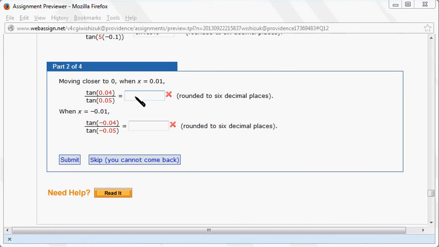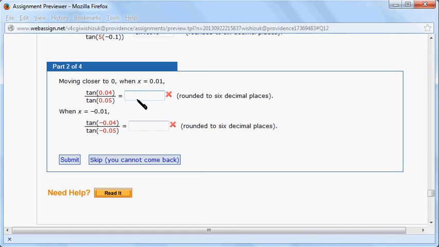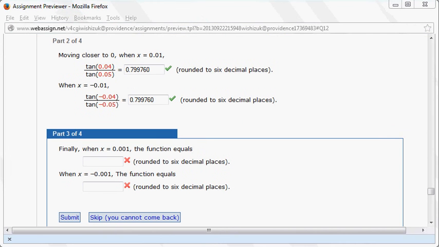The value was 0.799760, and it's the same value here as well. Let's check the answer. We got part 2 correctly.